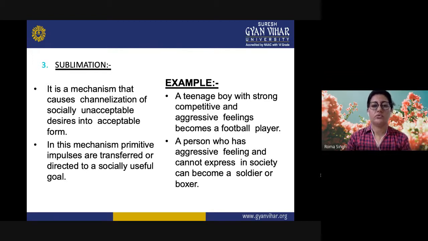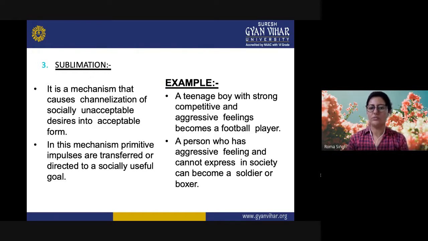So to control this, he sublimates his feelings to become a football player, in which he is going to use his ability for strong competition, and also use his aggressive feelings, because in sports you can take out your aggressive feelings, not as socially unacceptable behavior, but in an acceptable way.